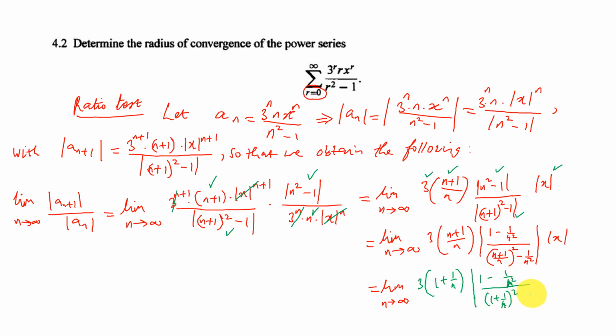And then you have minus 1 over n squared, minus 1 over n squared. Right, so we have this. We continue.